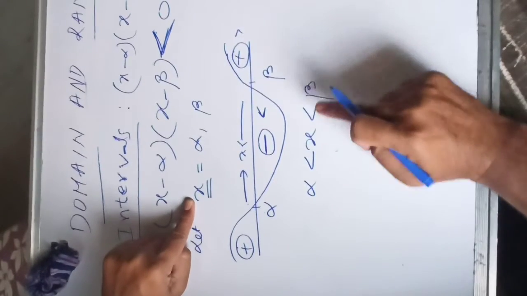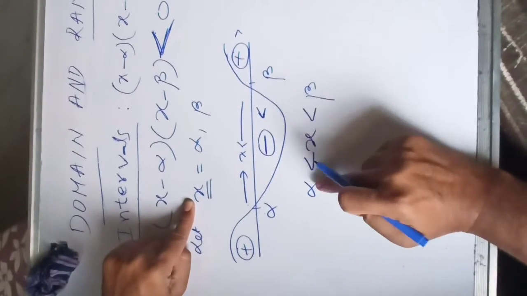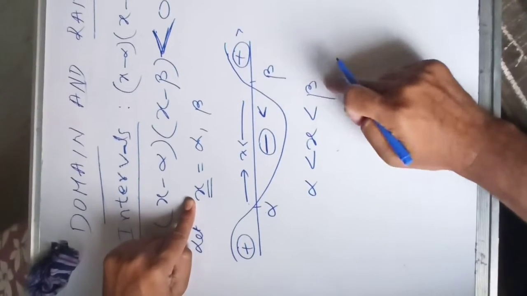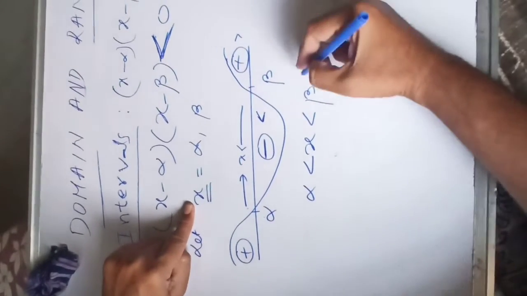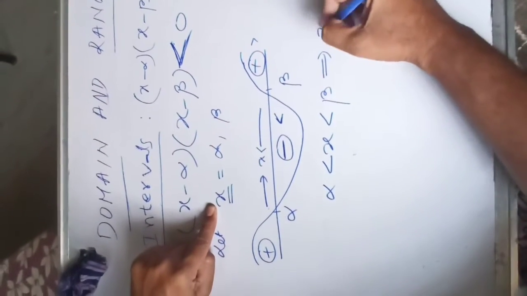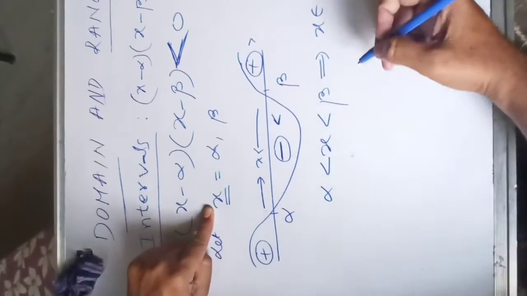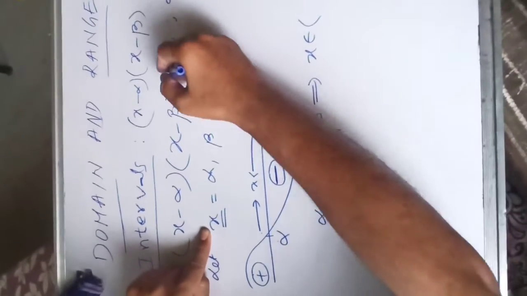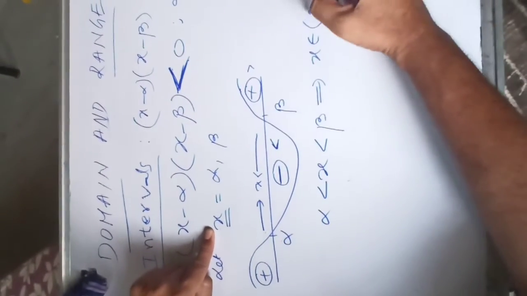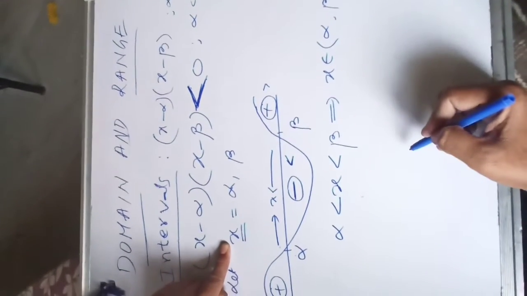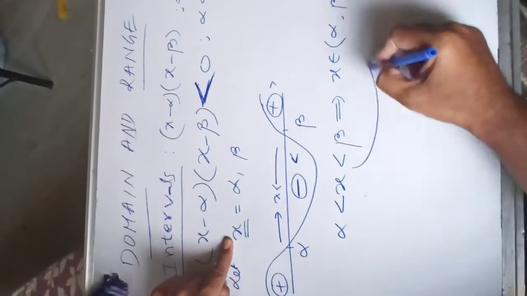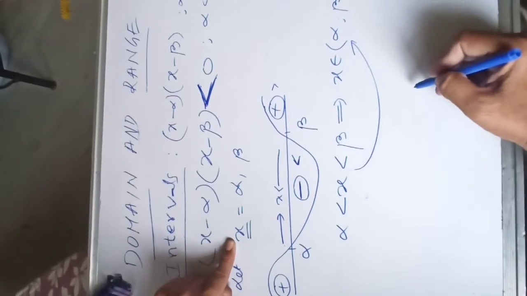Mathematically we write this as alpha less than x, x less than beta. This we can also write as x belongs to the open interval, because here there is only a less than symbol, alpha to beta. This answer we can also write like this.